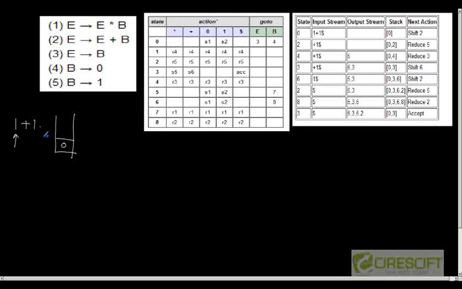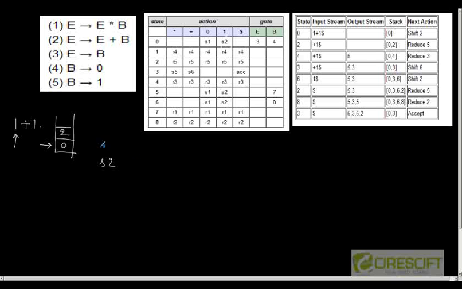Now state 0 and the current input symbol 1 corresponds to S2 in the action table. This S2 means I need to push shift state 2 into the stack. Understood?